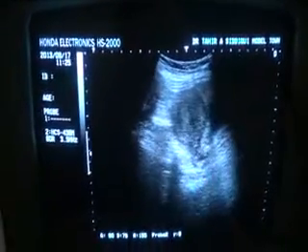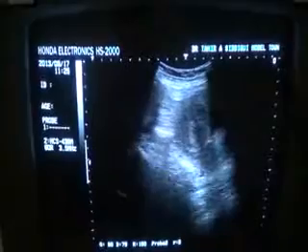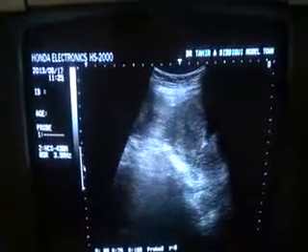Well, this is an ultrasound study of a female pelvis presenting with severe pain in the pelvic region.